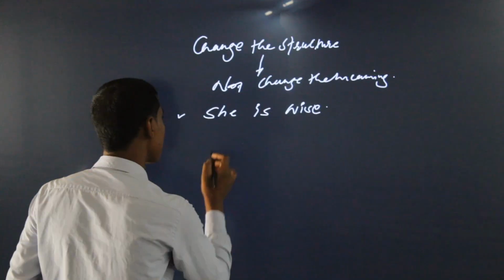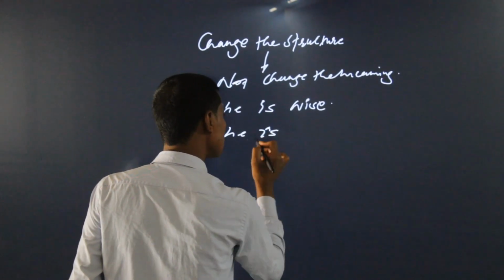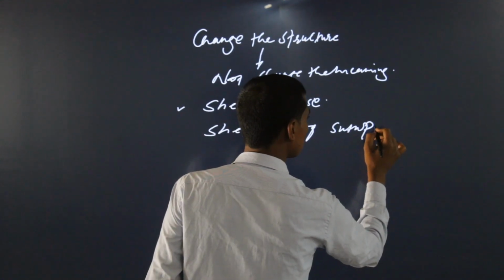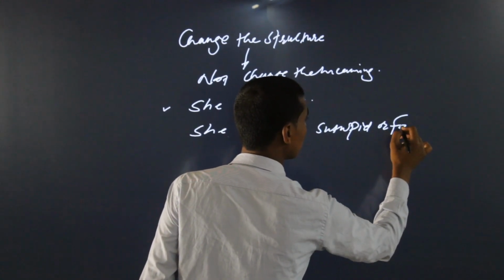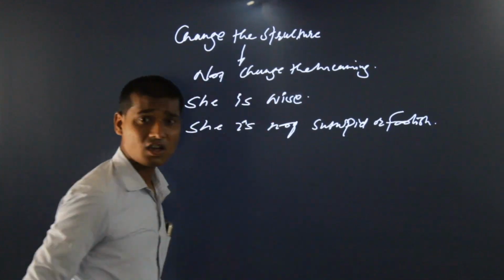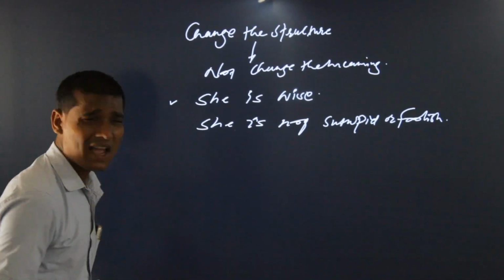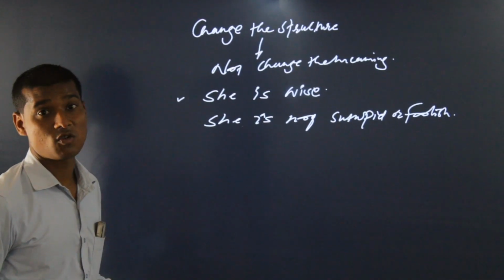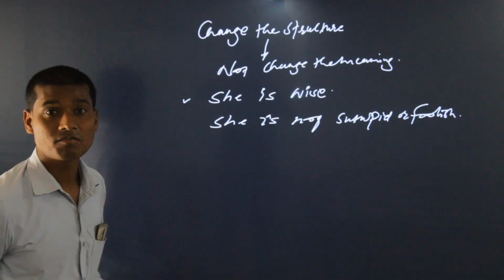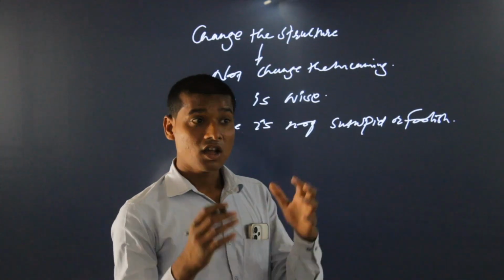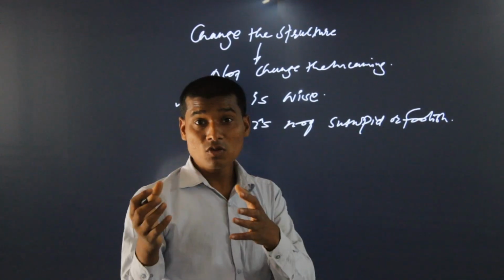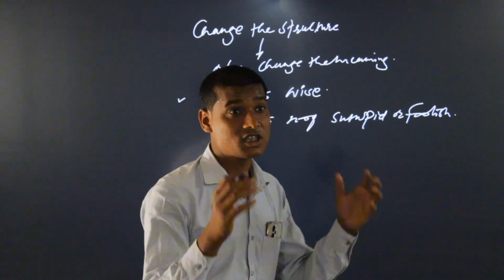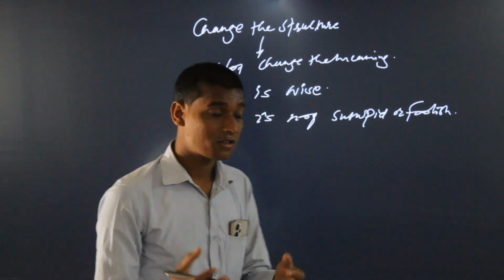Let us see how: "She is not stupid or foolish." So we have actually changed the structure, the format, but we have not changed the meaning. And back to back, we are going to understand a lot of tips and tricks, a lot of rules of transformation that will help us enrich our expression in different ways.